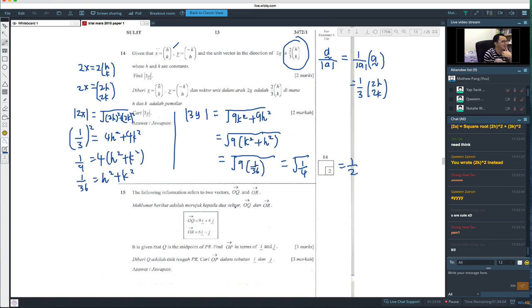Then I have no idea how to do this one. What happened for this question? Am I doing anything wrong here? Yup. The 2-mark questions. Is there any easier way to do this one? Unless we do not use magnitude, we use comparison. So its magnitude for h and k is 1 over 3.